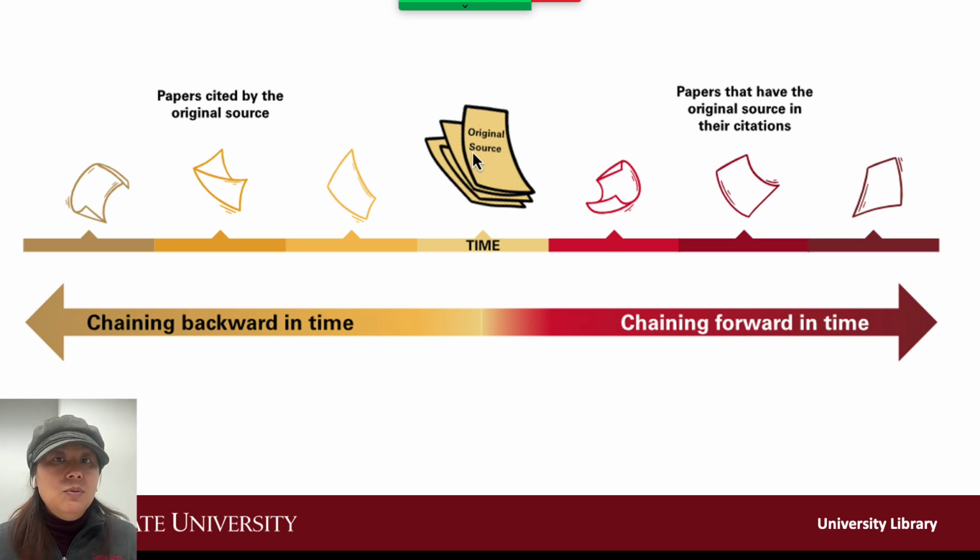But you can't do it with the source that was 14 years ago, because anything published in here 14 years ago was published even further back. But you can citation chain forward. Citation chaining forwards means that these papers actually used this original source, which means they were published after.